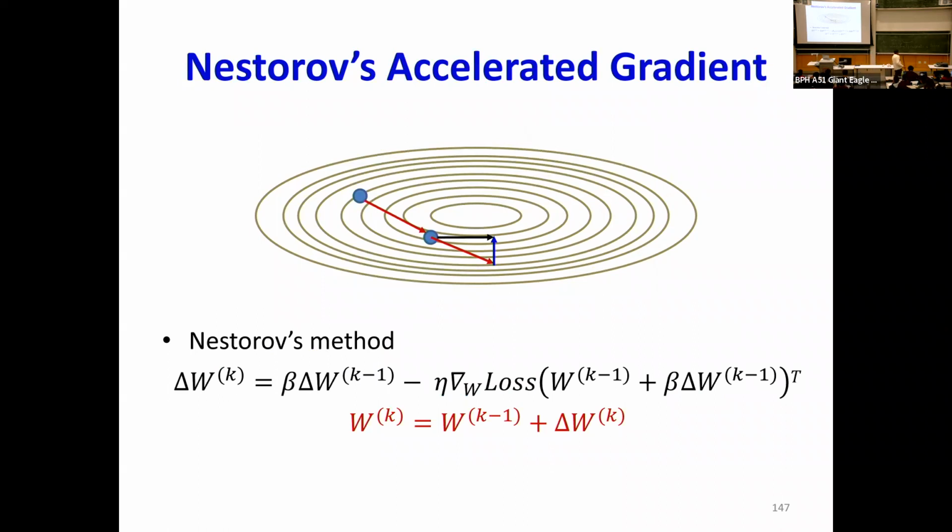What you're doing is you take a step, which is a scaled version of the previous step, and compute a gradient at the new location. And that gradient is what you're adding to the previous step size.